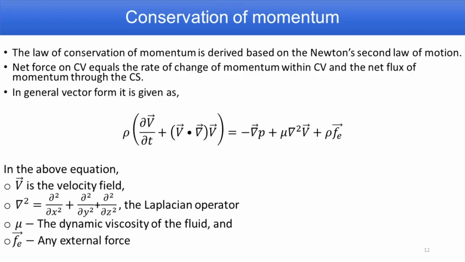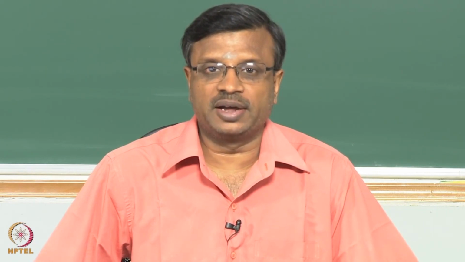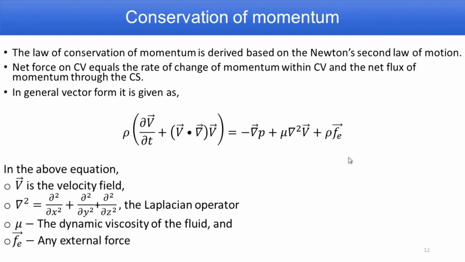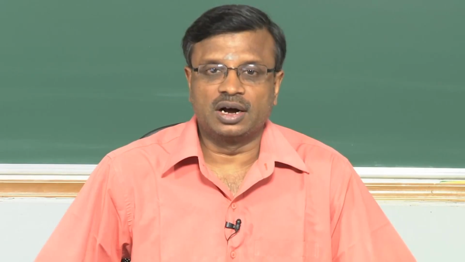If you are applying it to a problem involving a magnetic field, then this external force Fe represents an additional magnetic force. Similarly, in a problem involving gravity, you have a gravity force appearing as an additional source term. So, this is given as a source term, and for different problems we will have a different definition of the source term or external force.